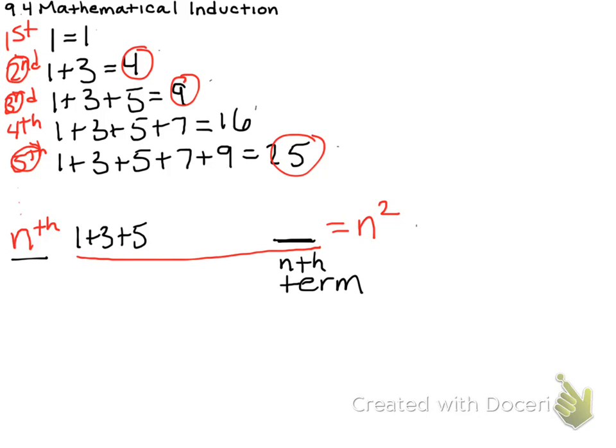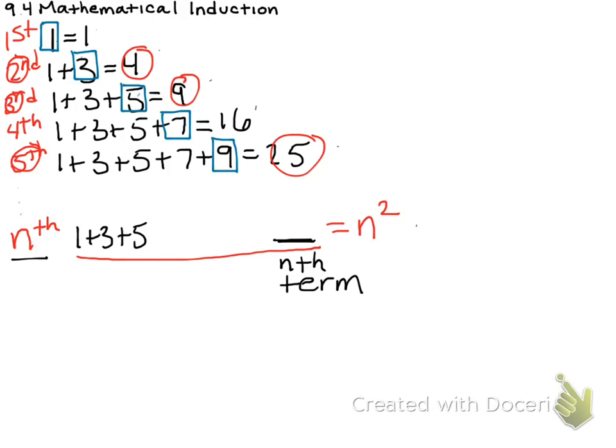Looking at the last number in each series, the first number is 1, the second is 3, the third is 5, the fourth is 7, the fifth is 9. So these numbers here form an arithmetic sequence, and they're increasing by 2 each time, so the common difference is 2.